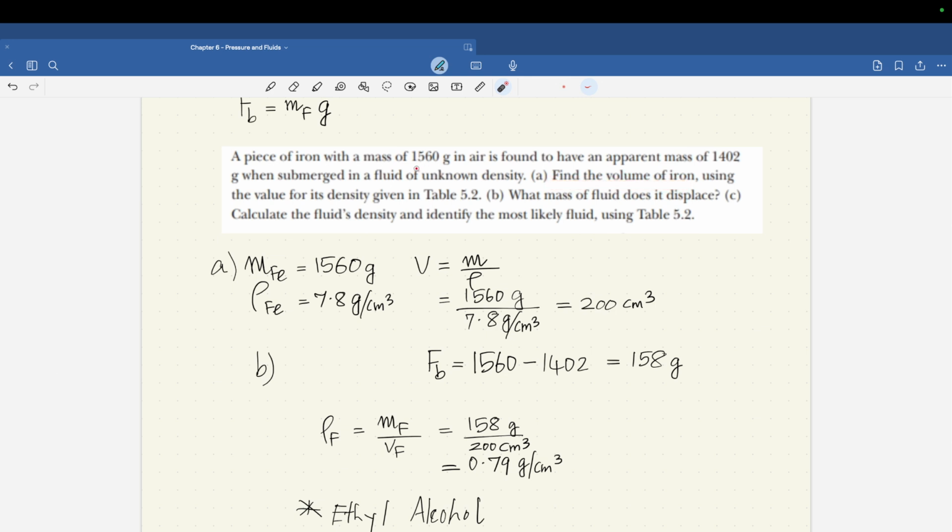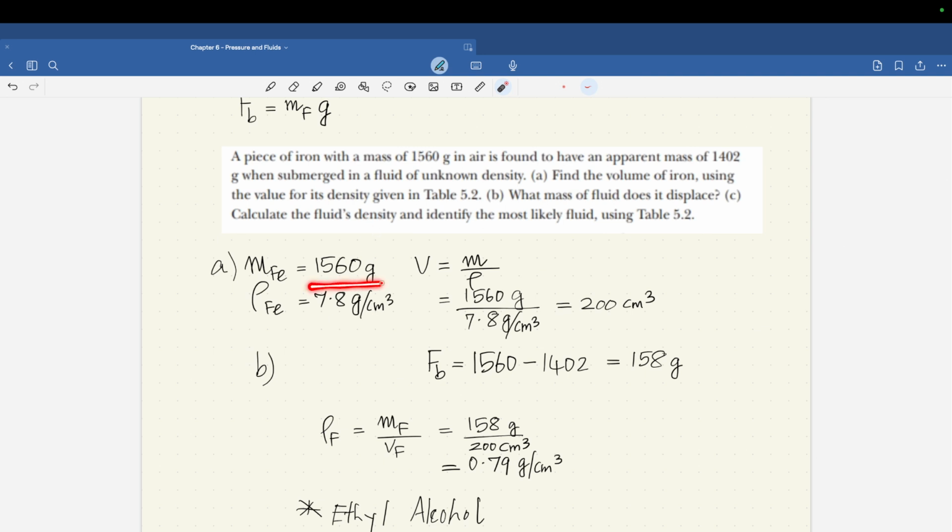We have the mass of iron. We've got to find the volume of iron. So we need the density of iron, which is to be taken from this table. I've given it here. Fe is the chemical symbol for iron. So the density of iron is 7.8 gram per centimeter cube. We have to use consistent units.